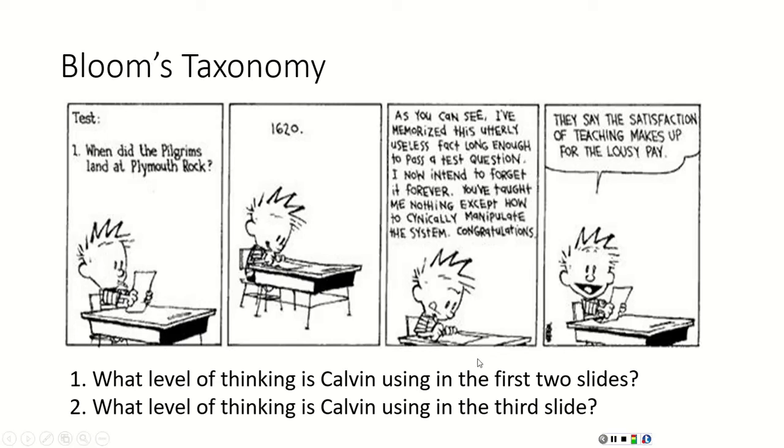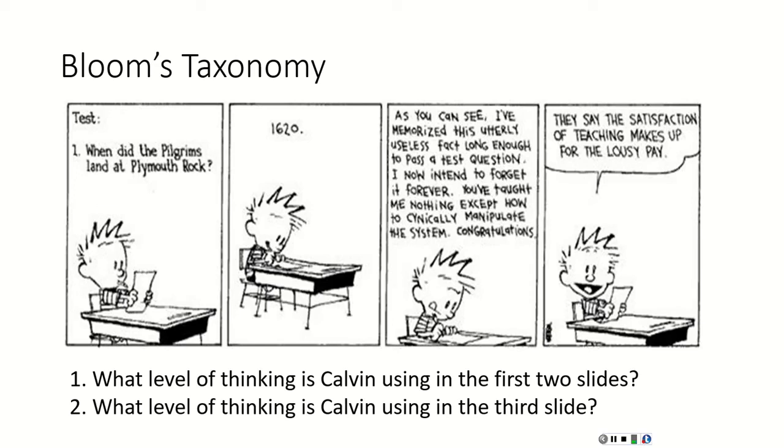So if you answered the level of thinking for the first two panels, it is knowledge and comprehension, right? The teacher created this test and a simple question. He's memorized an answer, and he's doing that lower level thinking.